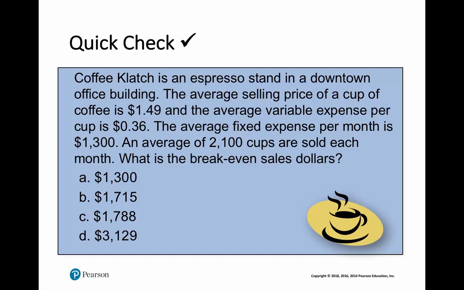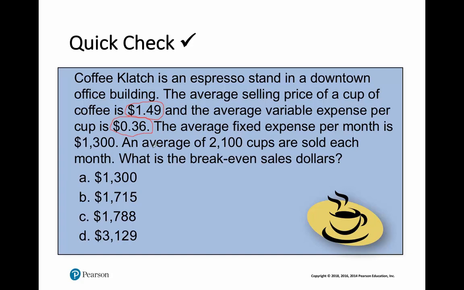What we need for that is, first, our selling price. We're going to sell each unit for $1.49. Next, we need our variable cost per unit, and we're going to subtract that from our selling price.